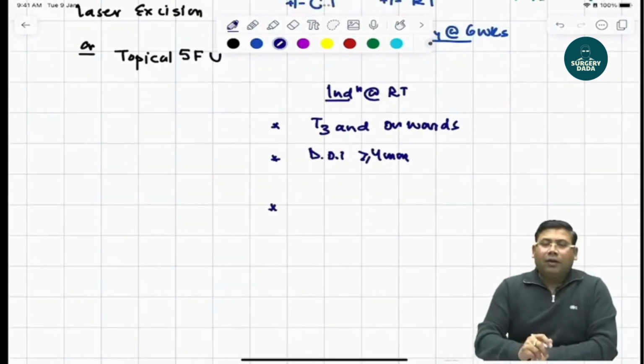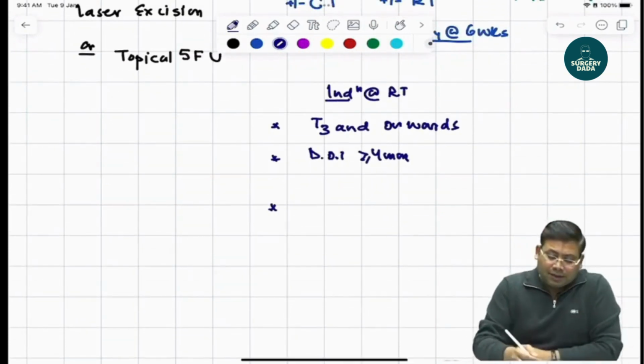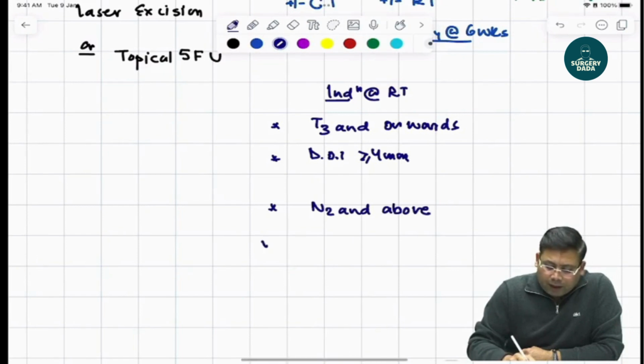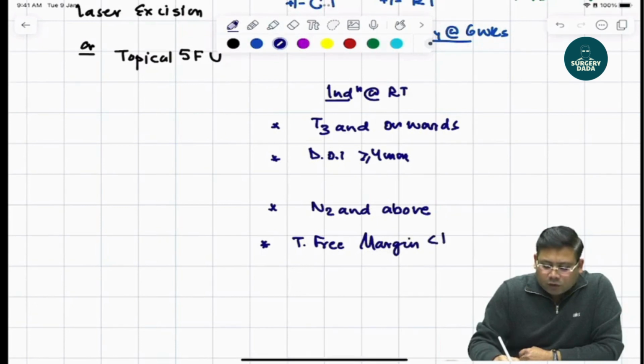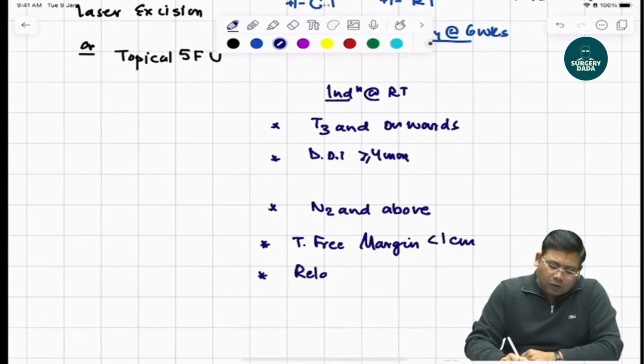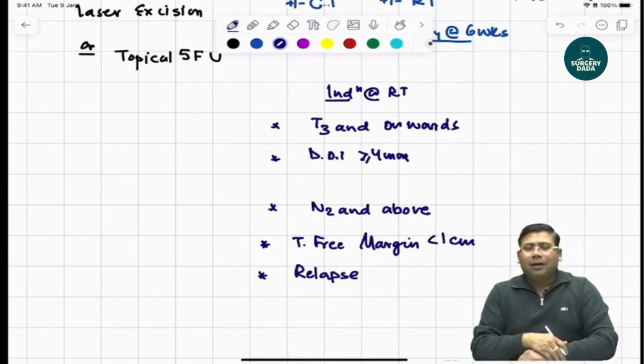Then the next very simple and important thing is N2 and above. So not for N1, N2 and above. And then whenever the tumor free margin is found to be less than what, students? 1 centimeter. So these are all indications, and in case of what? Relapse. So these are the indications for radiotherapy.